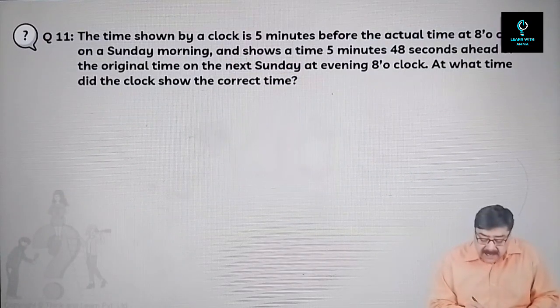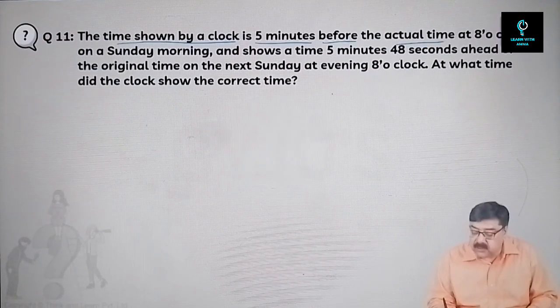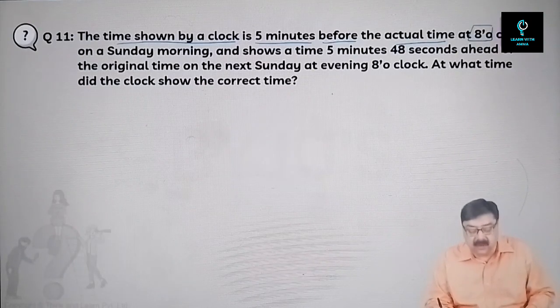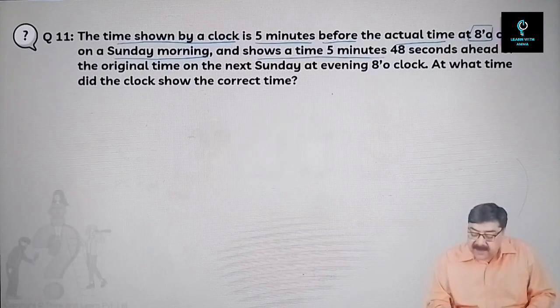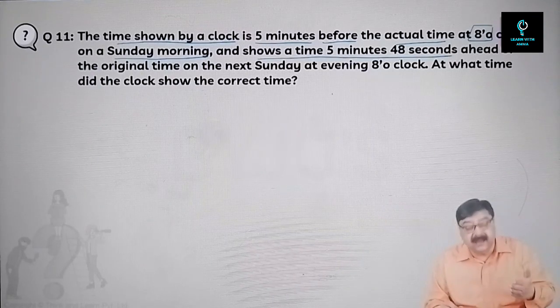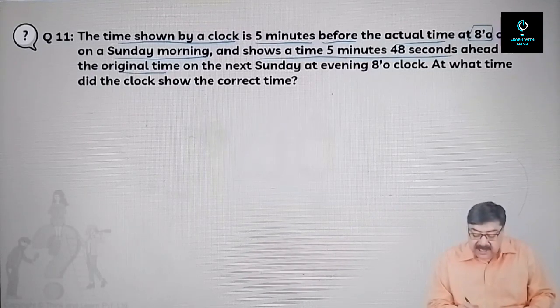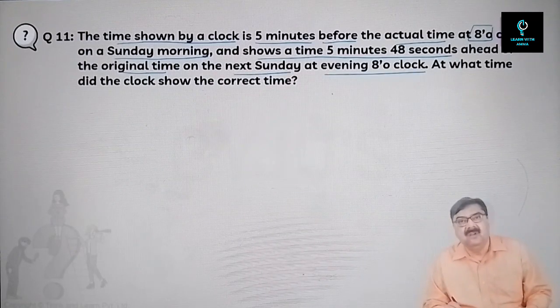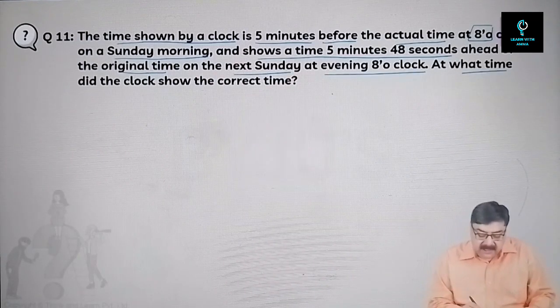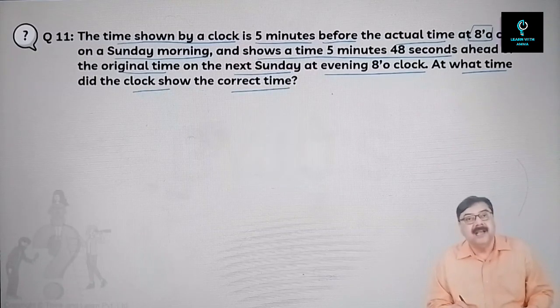The time shown by a clock is 5 minutes before the actual time at 8 o'clock on a Sunday morning, and shows a time 5 minutes 48 seconds ahead of the original time on the next Sunday at evening 8 o'clock. So at what time did the clock show the correct time?